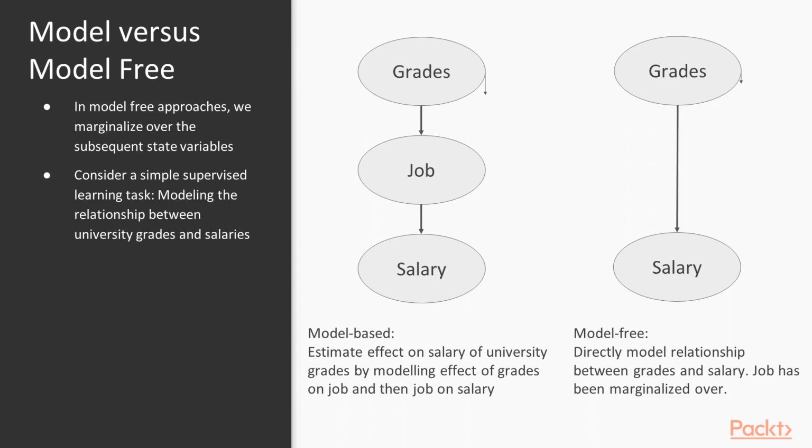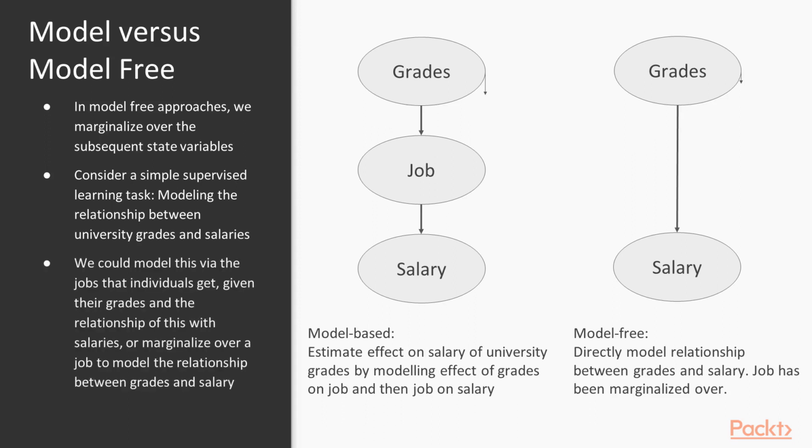And what's going on in the reinforcement learning case, in the Q learning case, is exactly the same. We want to model the relationship between taking particular actions in particular states and then following a particular policy with expected utility. Now, the actual relationship between following a particular policy and expected utility goes through how the system is going to evolve based on the actions we take.